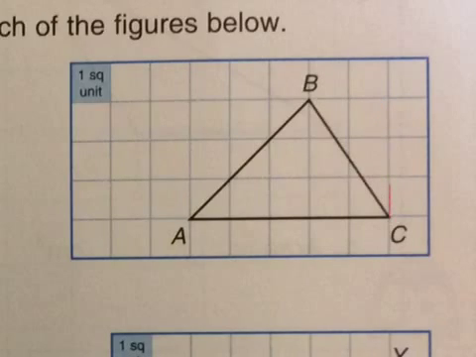So we want to count 1, 2, and 3. We have 3, and we're not told what unit we're using. We don't know if we're using centimeters, meters, so we're just going to write 3 units. And then over here we have 1, 2, 3, 4, 5, and we have 5 units along the bottom.